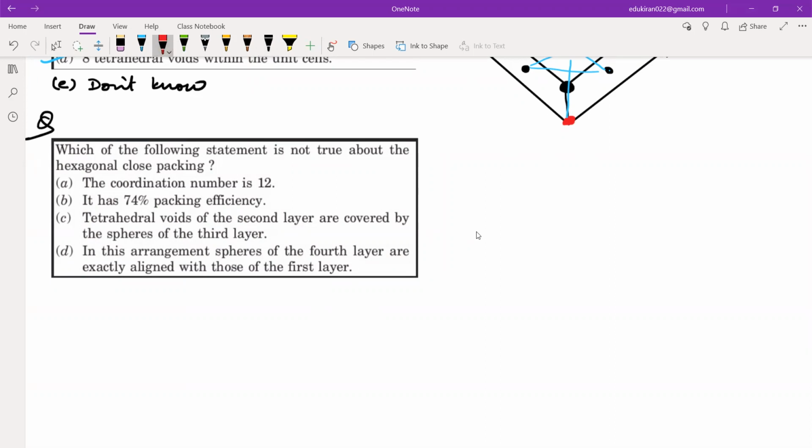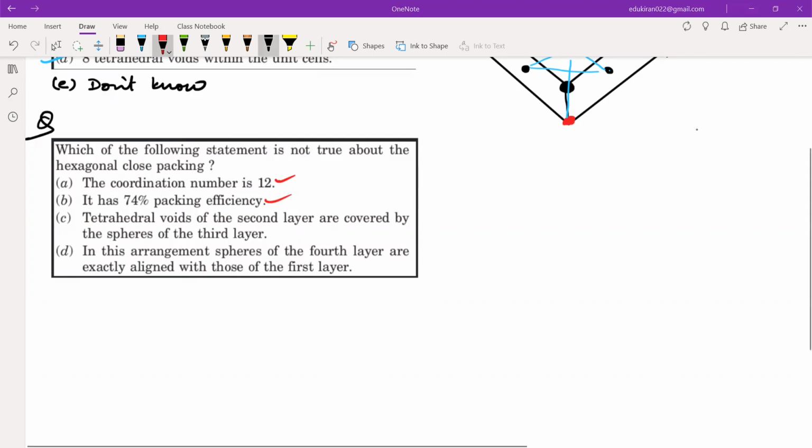Is it correct or wrong? Correct. What about B? Is it correct or wrong? Correct. What about C? Correct. C is correct. Tetrahedral voids of the second layer are covered by the spheres of the third layer.